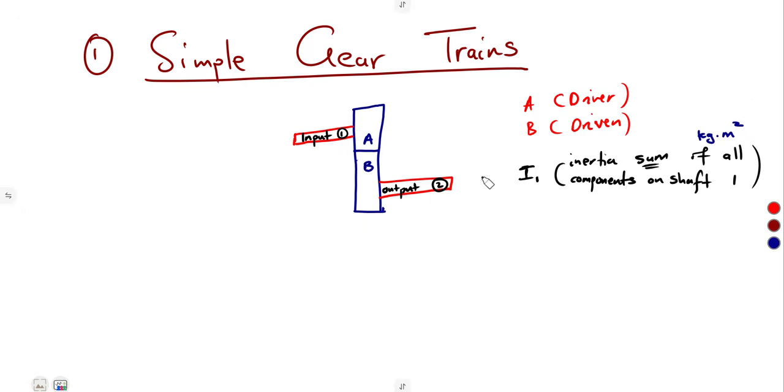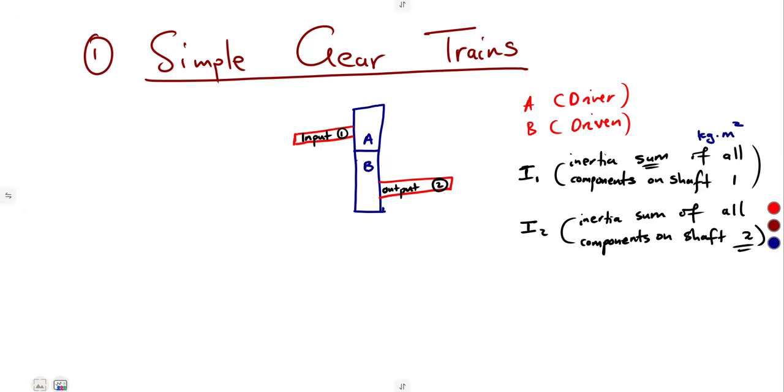Then the moment of inertia on the output is referred to as I2. This is also the sum of the inertia of all components on the output, on shaft 2.